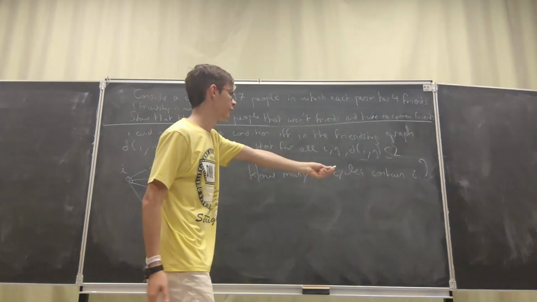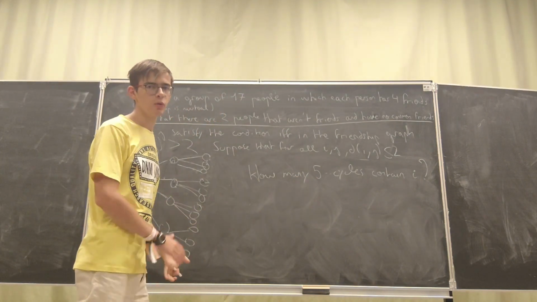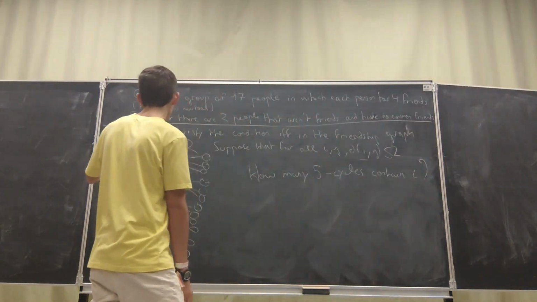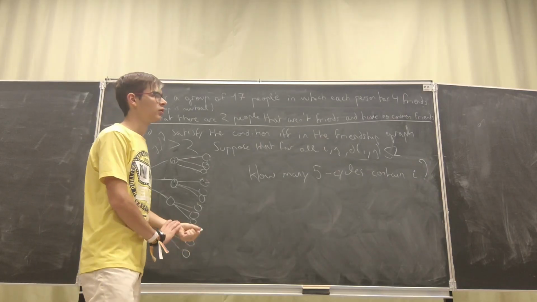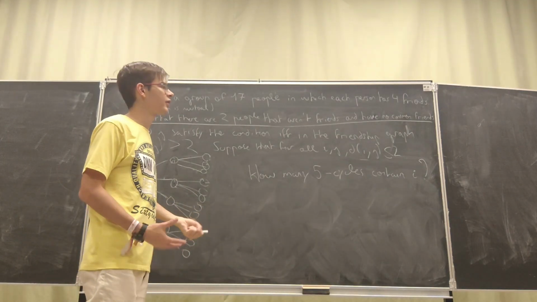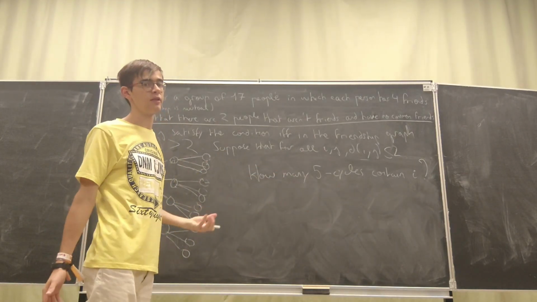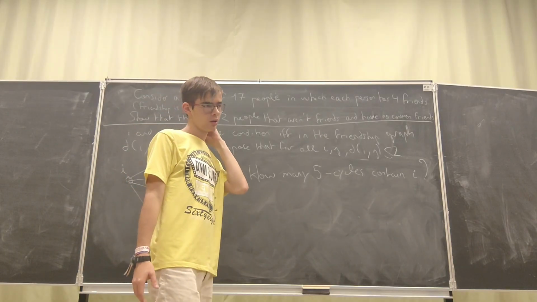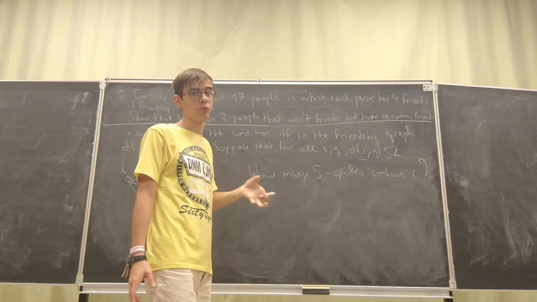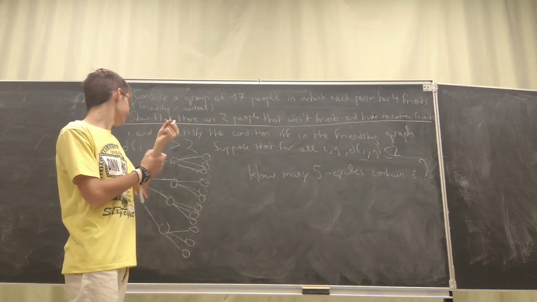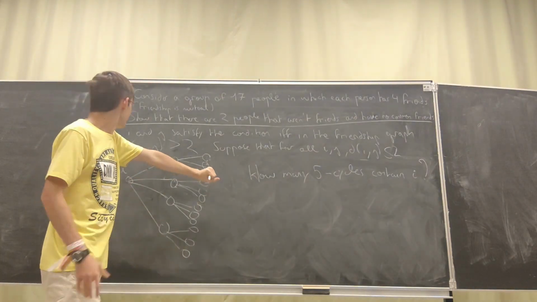Because if we manage to find this, then we should be able to easily find the total number of 5 cycles, because I was taken to be arbitrary, so you can easily imagine that there will be some sort of symmetry where every vertex is contained in the same number of 5 cycles, which will let us calculate the total number of 5 cycles in the graph.